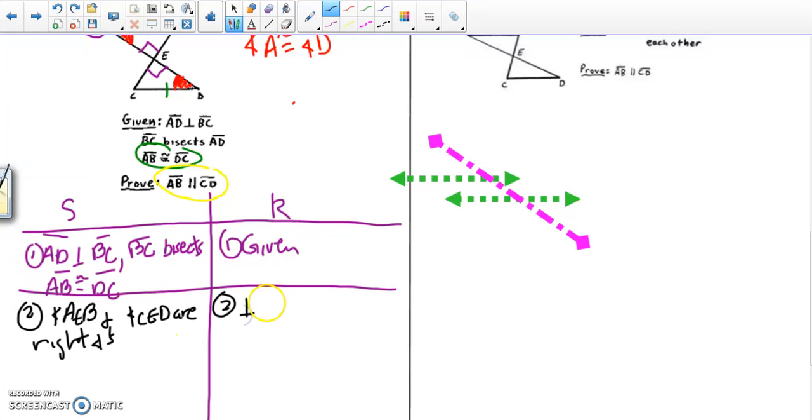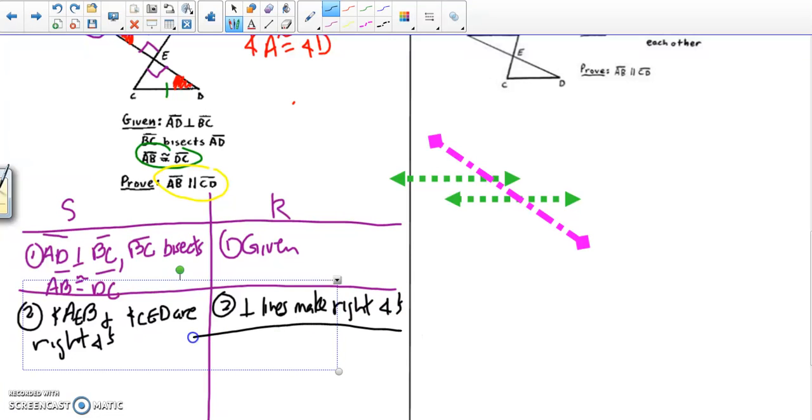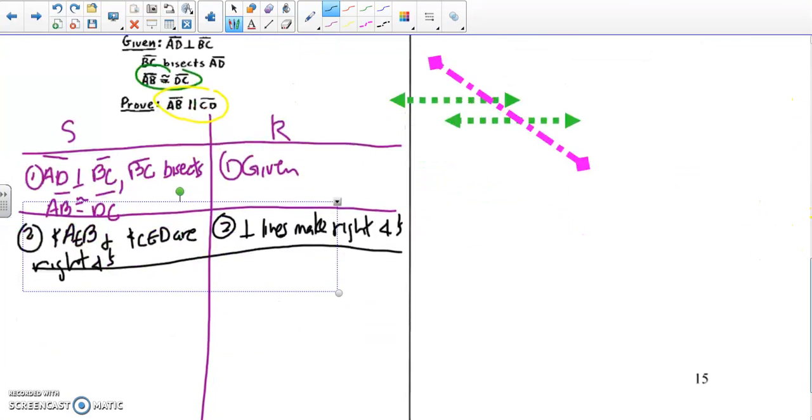And we know that because perpendicular lines make right angles. All right, so AEB and CED are right angles because perpendicular lines make right angles. And the next step we know that always comes after that, we can say that those right angles are congruent.